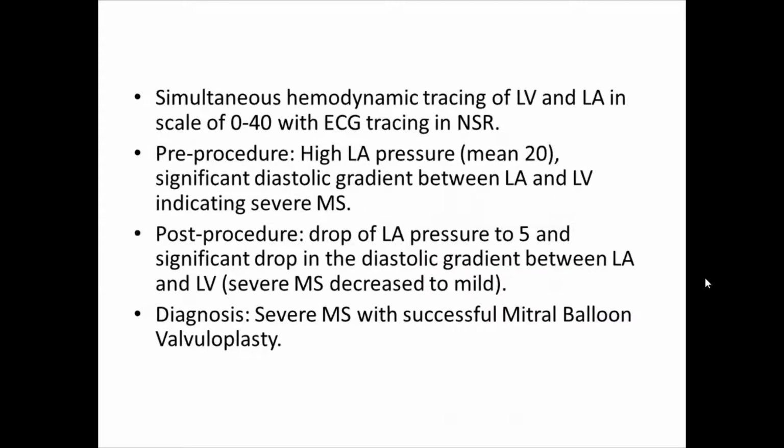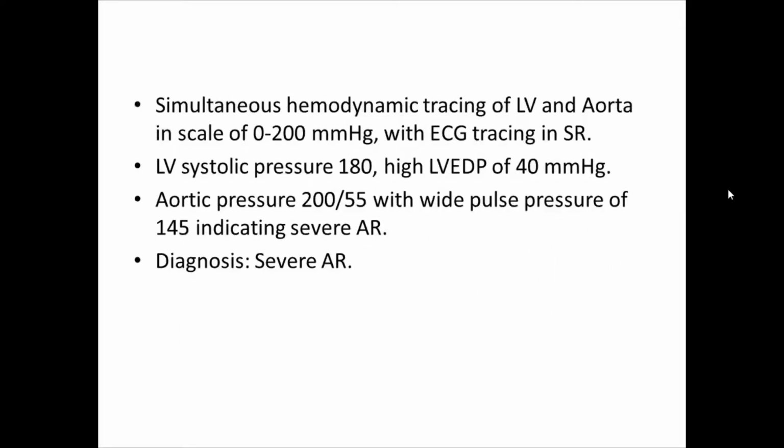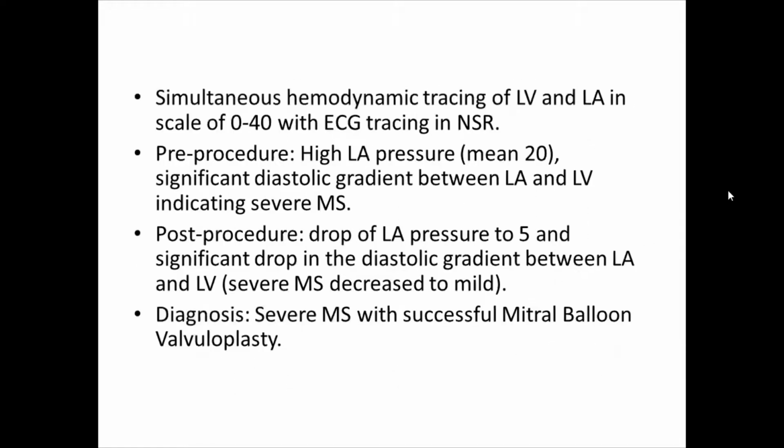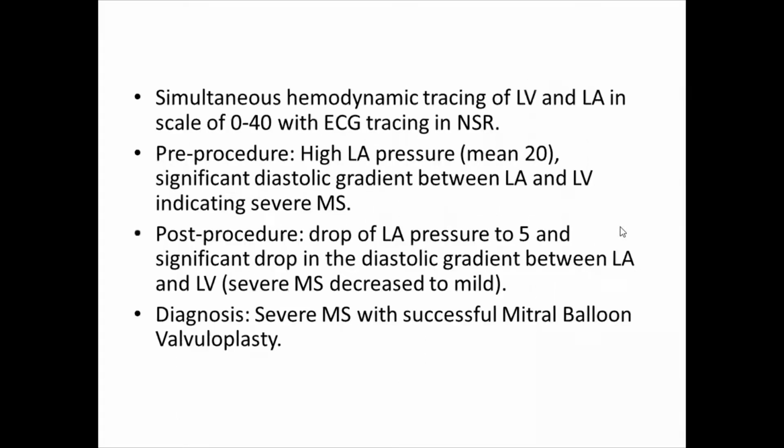So simultaneous hemodynamic tracing of LV and LA in a scale of 0 to 40 with ECG and sinus rhythm. Pre-procedure, we have high left atrial pressure, more than 20, or mean of 20. Then we have significant diastolic gradient between left atrium and LV, indicating severe MS. Post-procedure, both the diastolic gradient and left atrial pressure drop down.